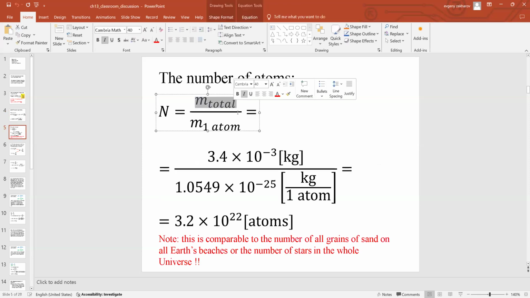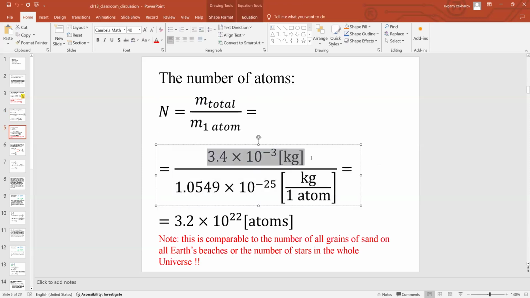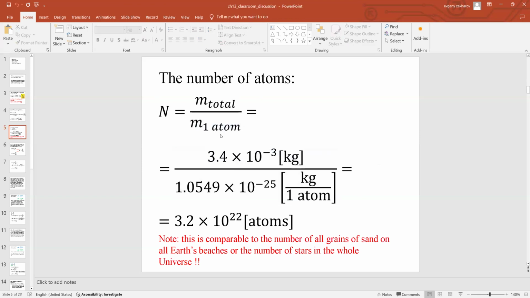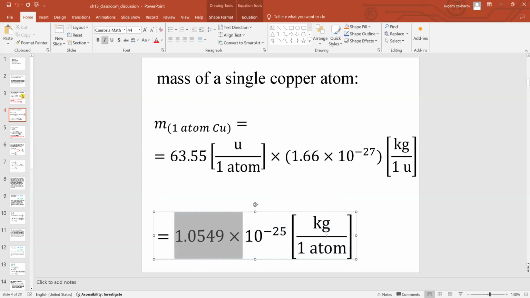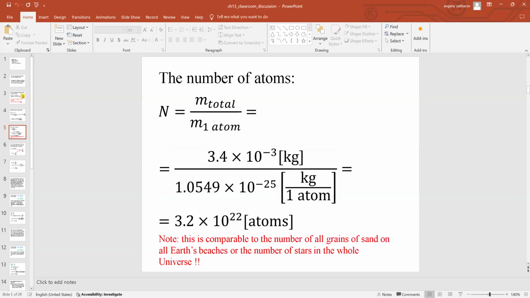So the total mass, here it is, that's given, 3.4 grams. And the mass of one atom, we just figured out from the previous calculations, in kilograms. And if you divide by kilograms per one atom, division is multiplication by the reciprocal.